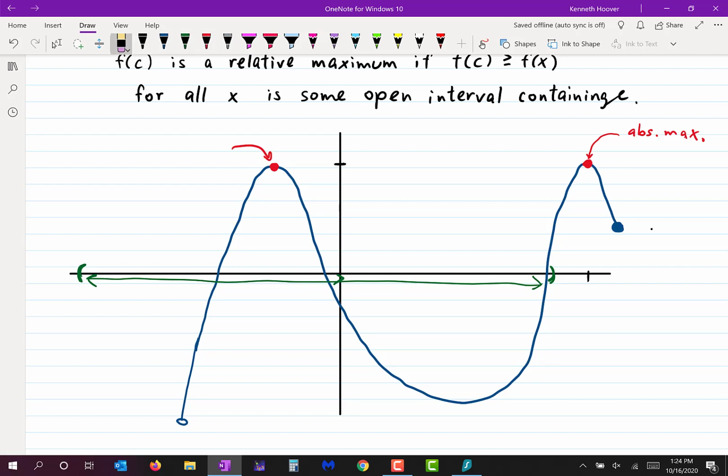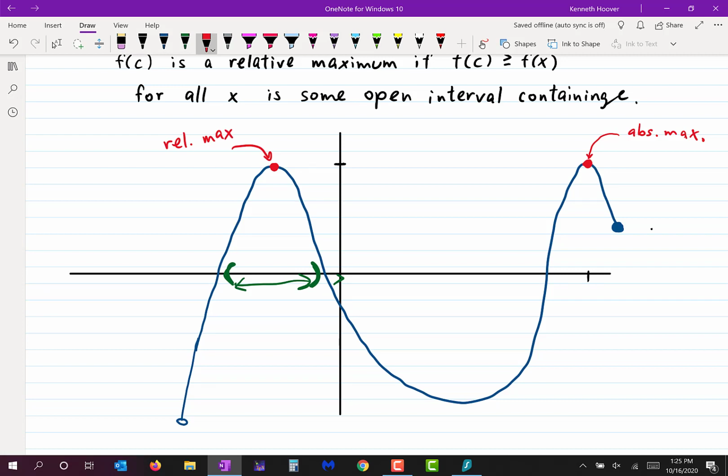But if I go too far, if I try to take this over to there, then that's no longer the highest point because now this one is. Okay? So the point is, because I can put an open interval here, and that's important, open interval, and in that area this point is the highest point, then that is what we call a relative maximum.